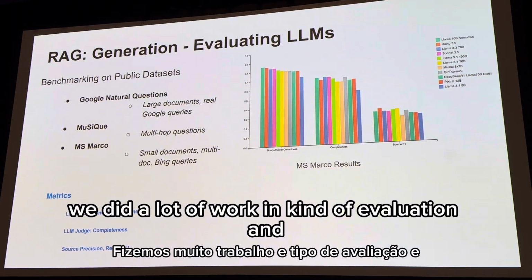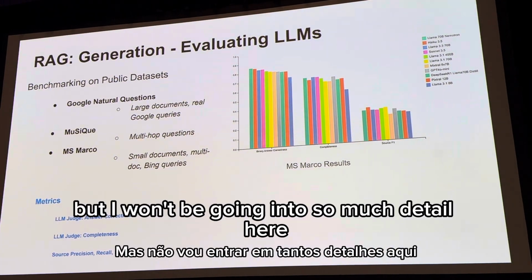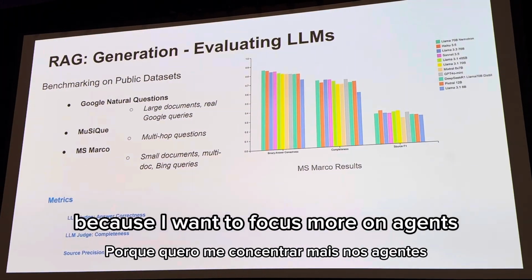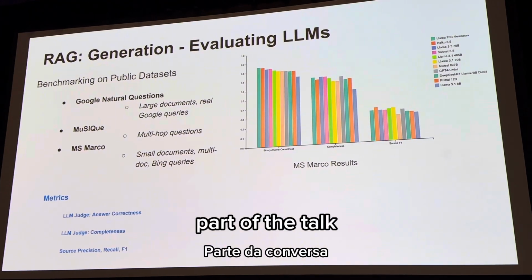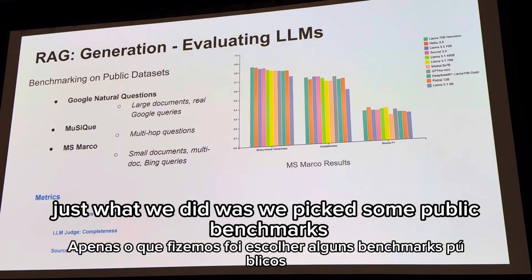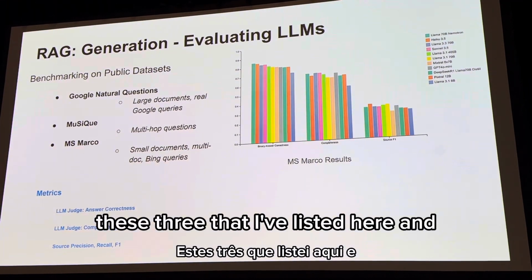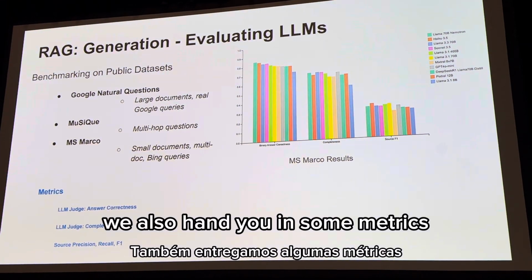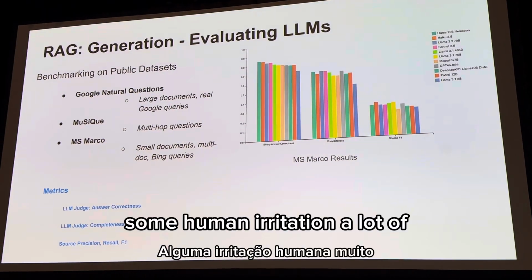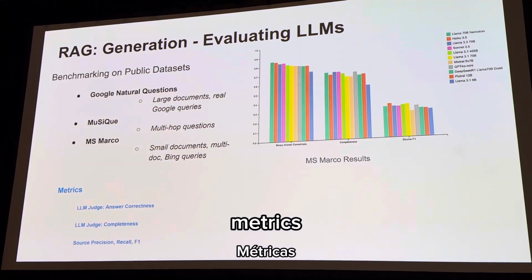We did a lot of work in evaluation and picking the best system, but I won't go into so much detail here because I want to focus more on the agents part of the talk. But in a gist, what we did was we picked some public benchmarks, in this case these three that I've listed here. We also hand-tuned some metrics. We did some human annotation and a lot of LLM-as-judge kind of metrics.